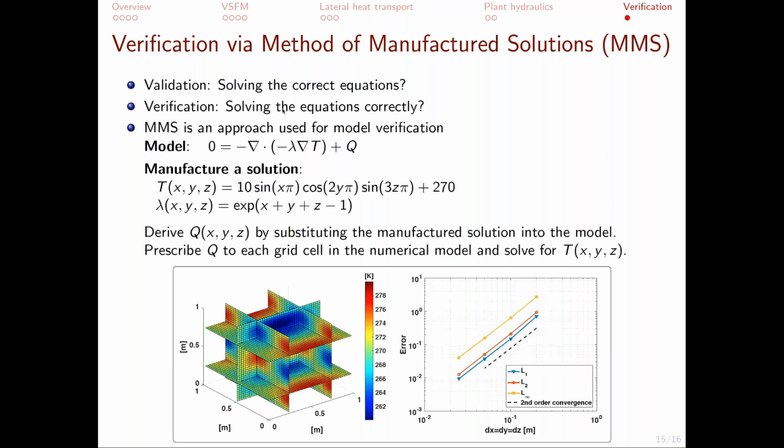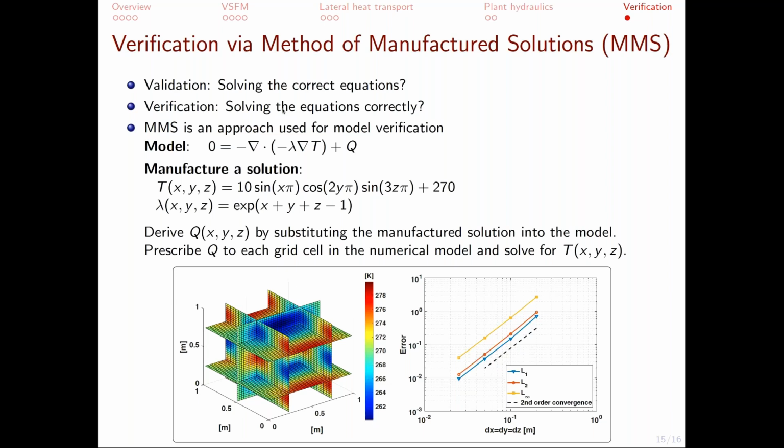So what we did was, you can see that the temperature function in a cube looks like what is shown on the left, and then we refined the spatial discretization of the model, and we wanted to see how the various errors, the L1, L2, L infinity, scale with spatial discretization.